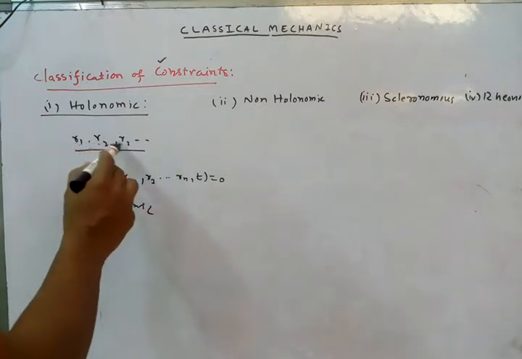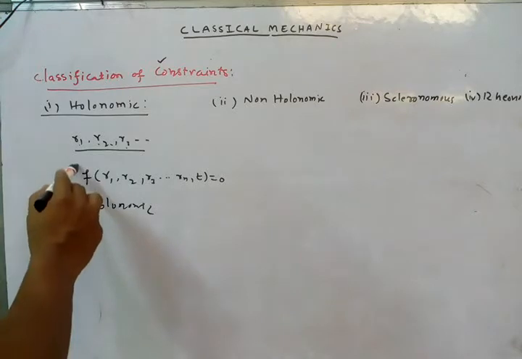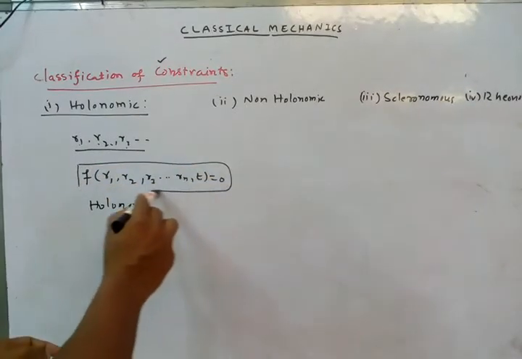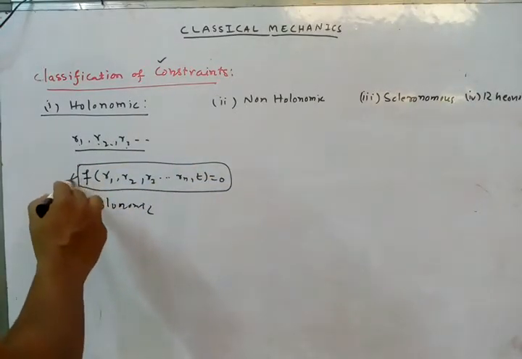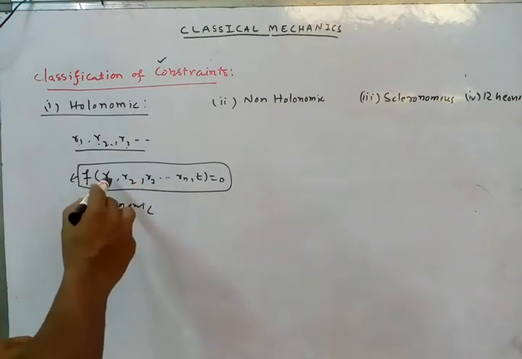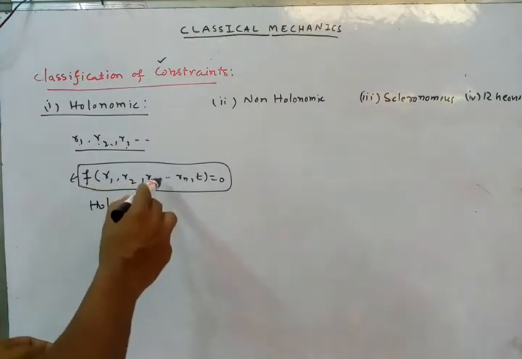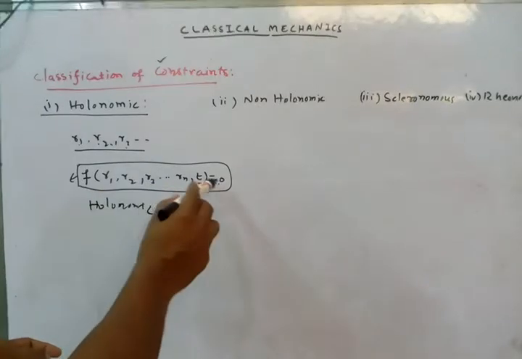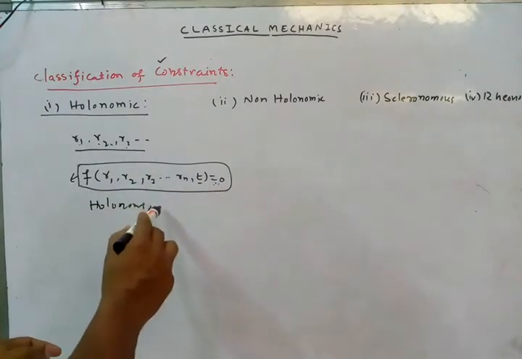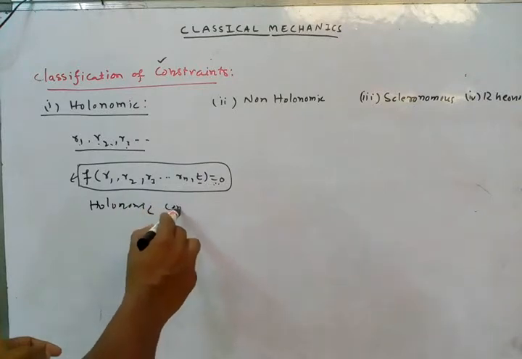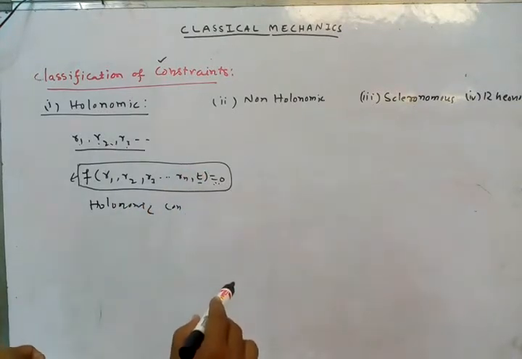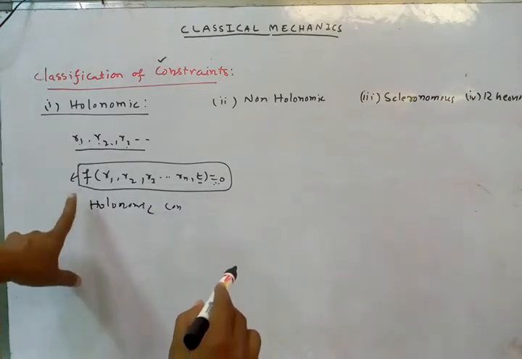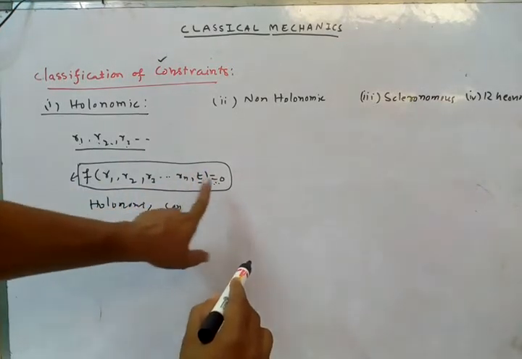See, these are the position coordinates of a system. If we express the constraints with an equation like this, the function of r1, r2, r3 up to rn, comma t, with time, equal to 0. If we equate that constraint equation to 0, those are holonomic constraints.